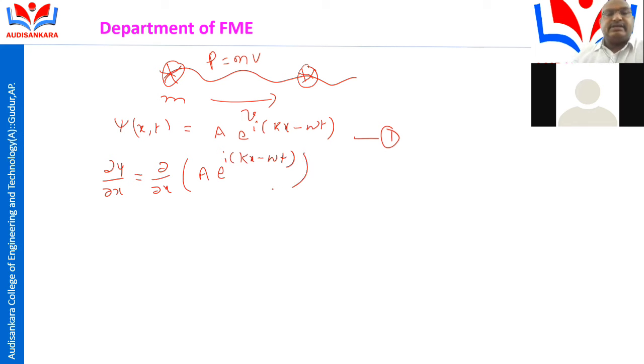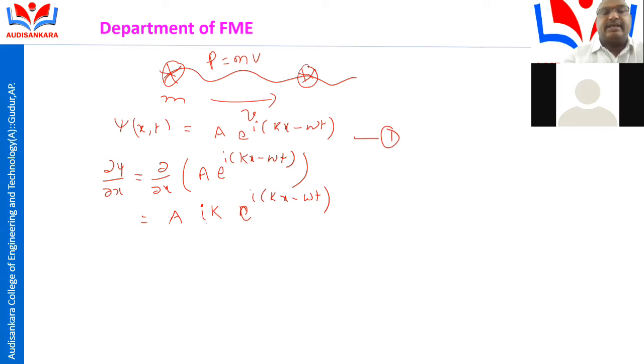My dear students, in the partial derivative with respect to x, A is the amplitude of the wave, a constant, so it is taken out of the differentiation.